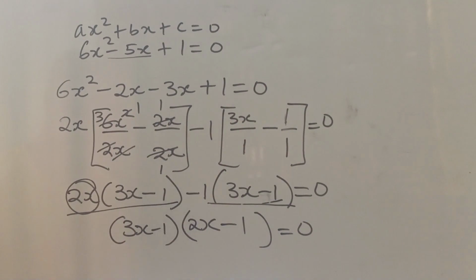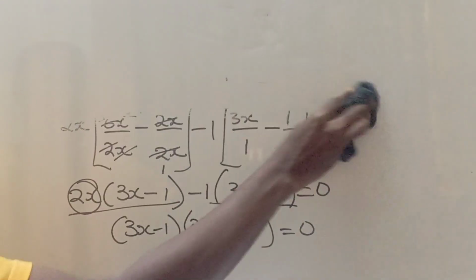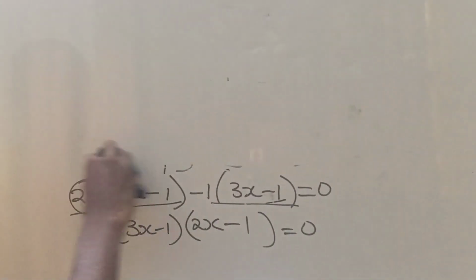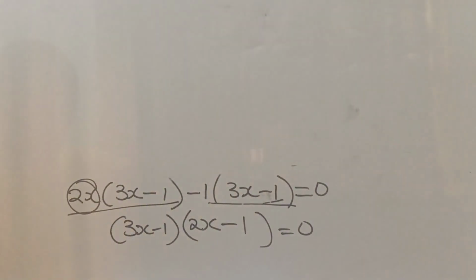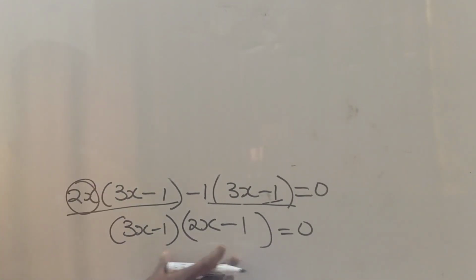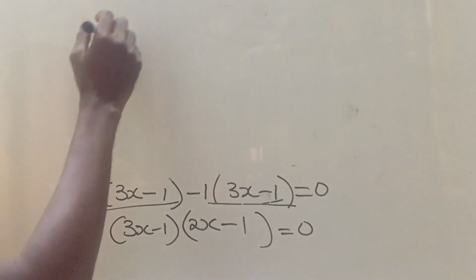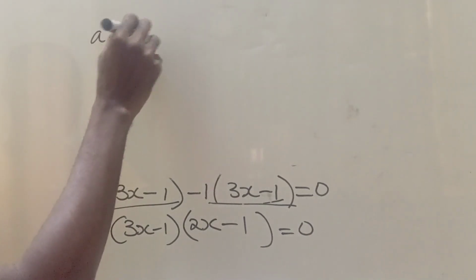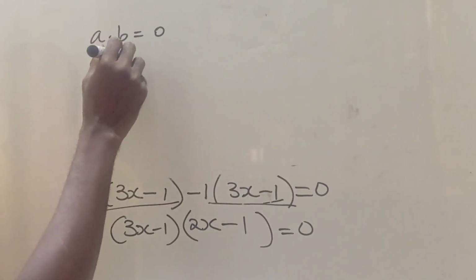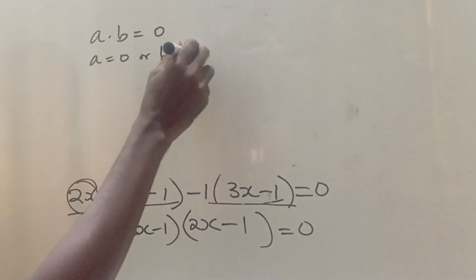So having done this, we can now look for the two values of x that satisfy the equation. Remember, if you have a times b equals 0, it means a should be 0 or b should be 0.